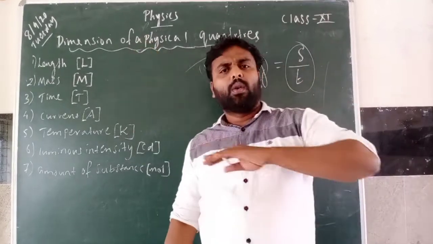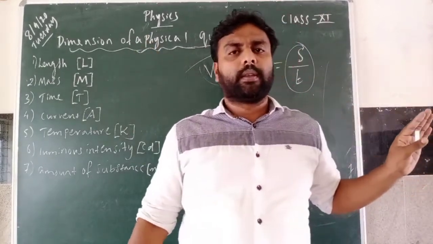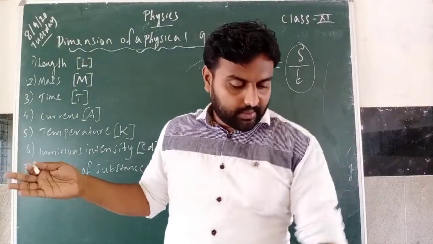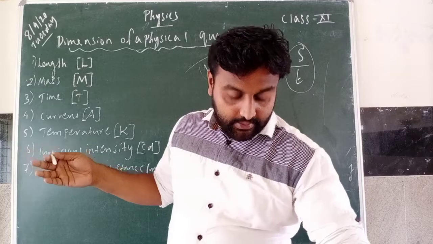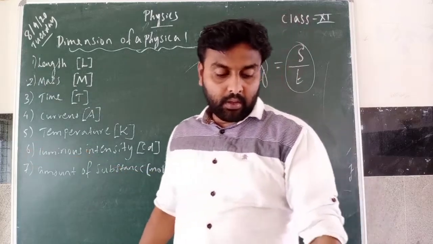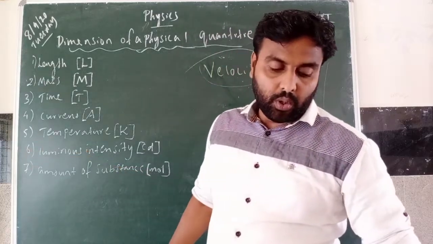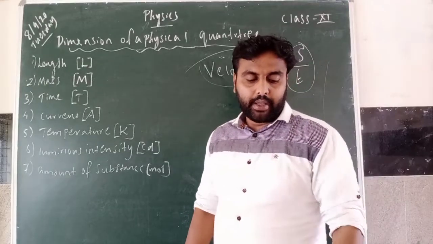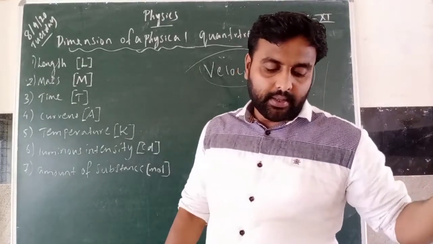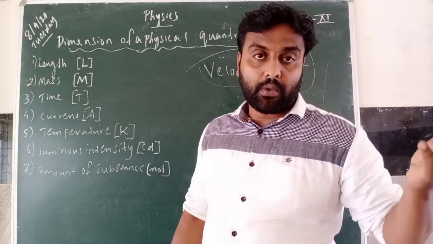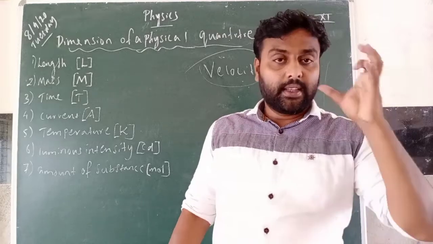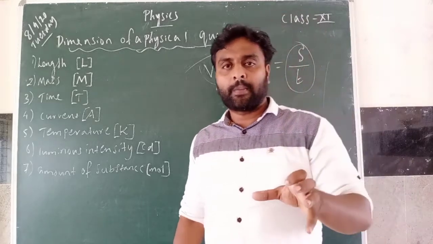There are so many derived quantities. You can see some of the derived quantities given on page number 30, table 1.11: area, volume, density, acceleration, momentum, force, work, power, energy. These are all derived quantities.